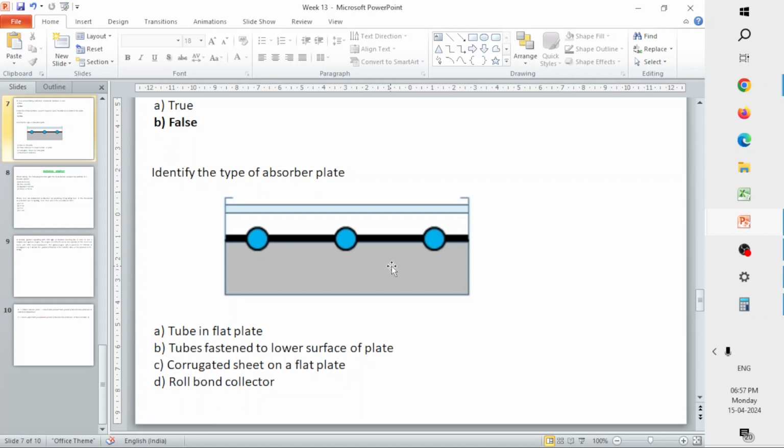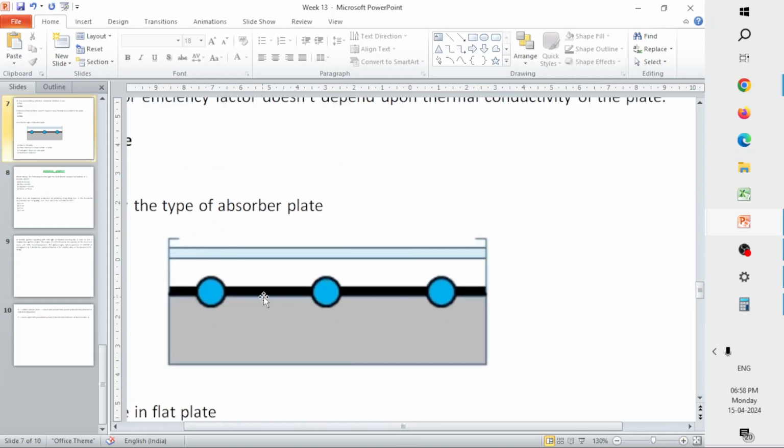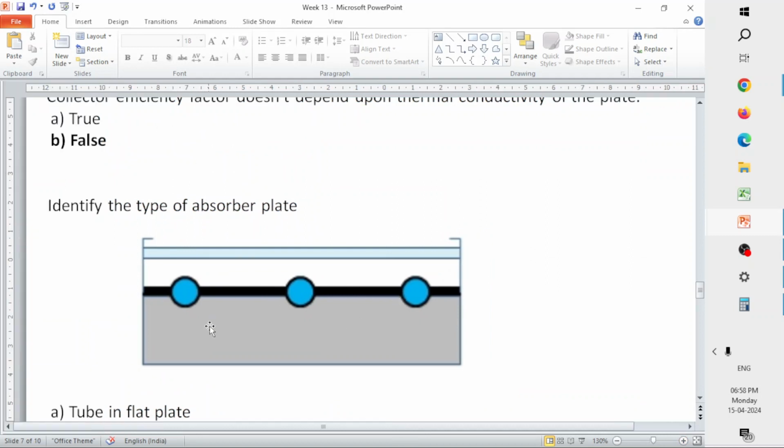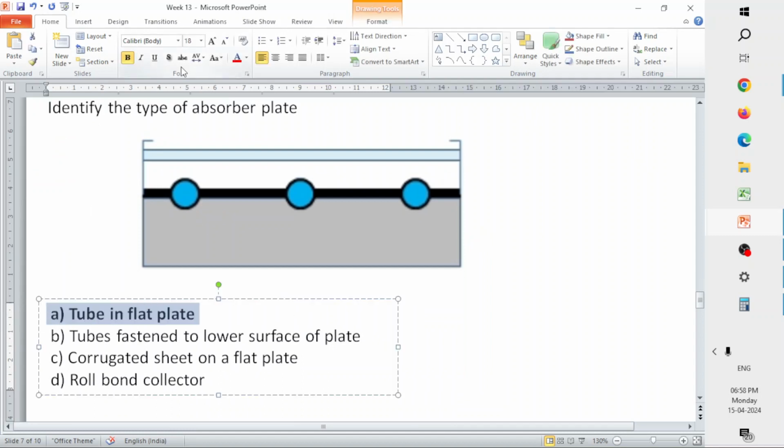Among them, one design is this, called the tube in flat plate. The tubes are placed within the flat plate. If you see this black line, this is the flat plate, and the tubes are present within it.